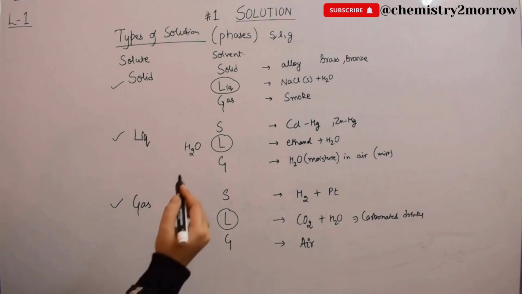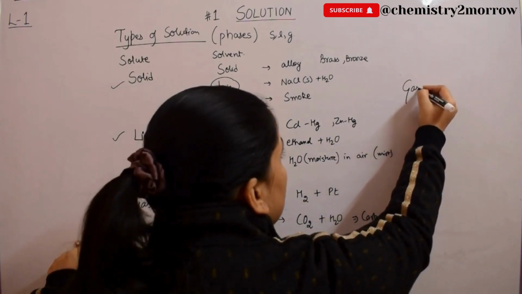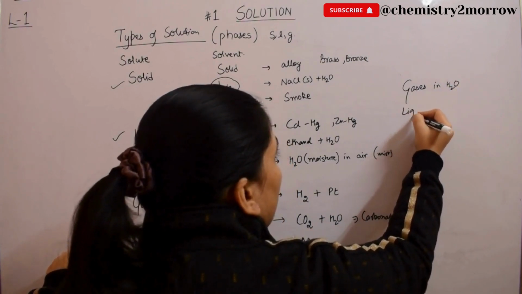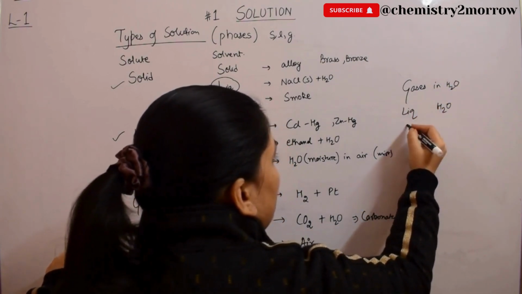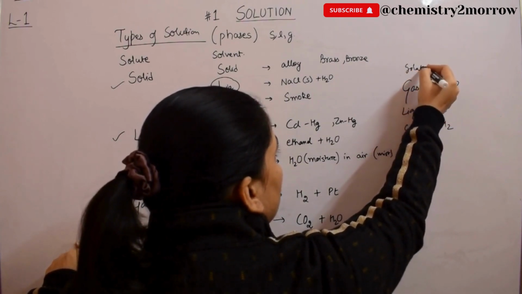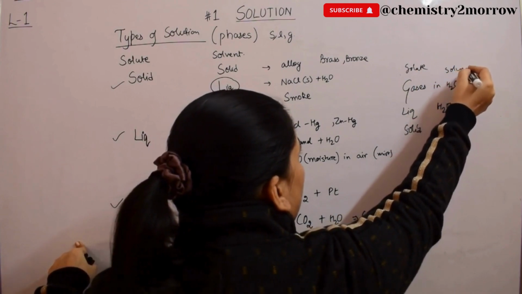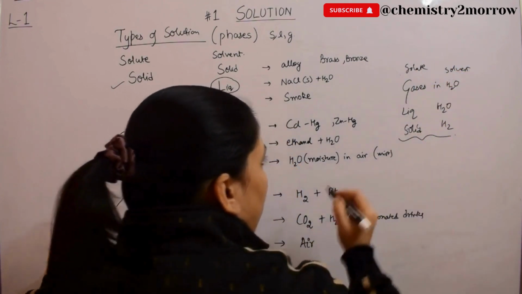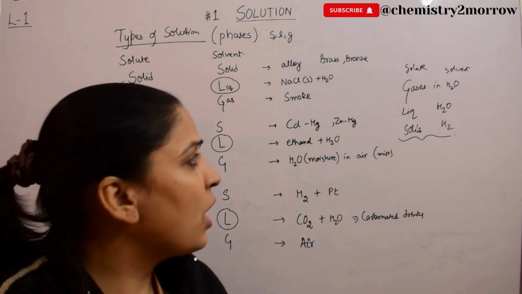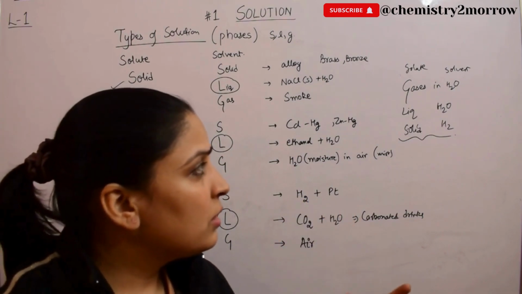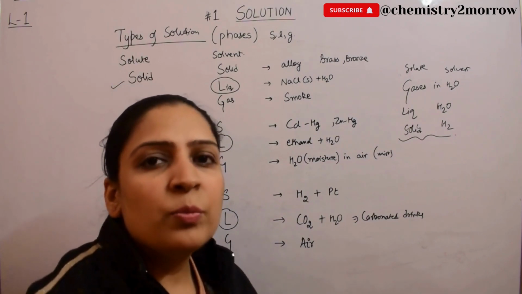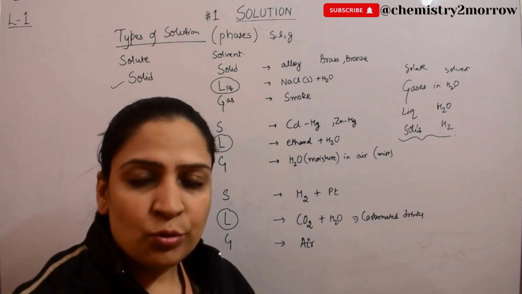So we are going to study gases in water, liquids in water and solids in water. So here the solute varies and the solvent is fixed. So we'll take these one by one and see how the solubility of gases in water is affected, explained, observed and so on and so forth.